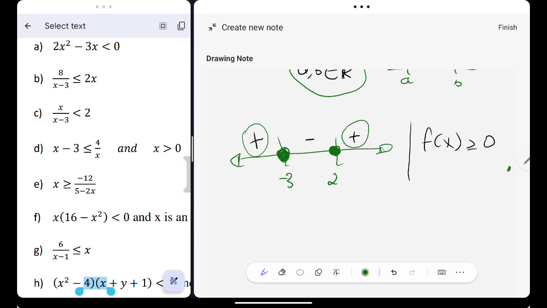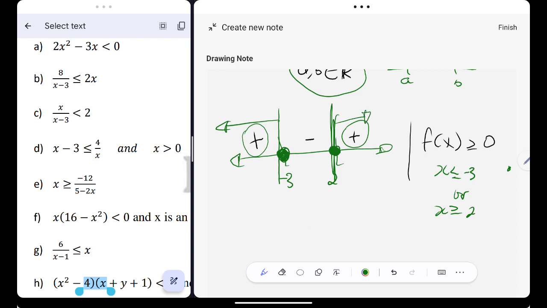So I can say that when X is less or equal to -3, from here going to the left, I can see there's a positive sign there. The sign only changes after crossing a critical value. Are you together?